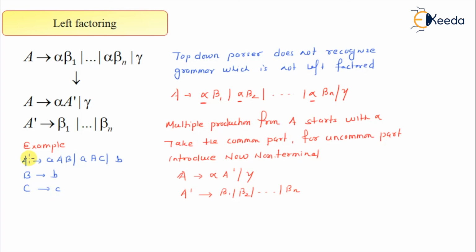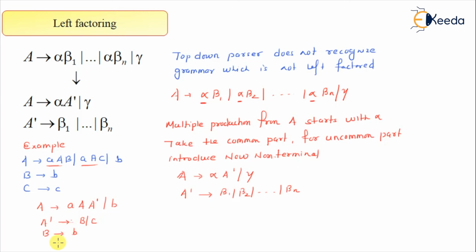So here you can see that we can do this left factoring, because here there are multiple productions and there is something common. So what exactly we need to do is we have to take this A, take the common part A, and for the uncommon part we'll introduce the new non-terminal and let the B be as it is, and let the A dash derive the uncommon part, which consists of capital B or C, and the remaining same.